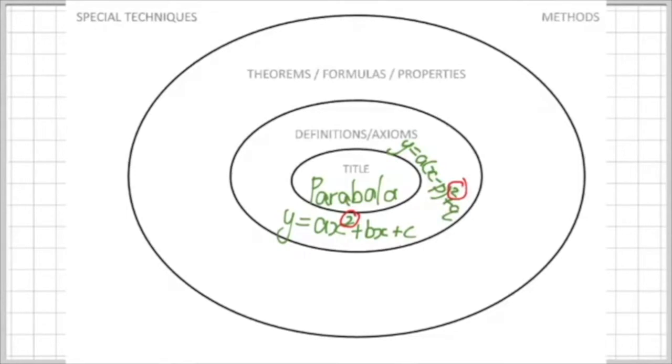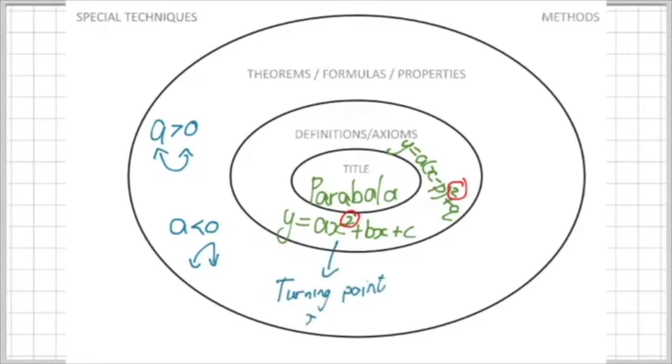Now, what theorems and formulas and properties do I have? Well, first of all, if a is positive, it's smiling, and if a is negative, it's frowning. Next up, I can get the turning point from the normal turning point formula, x equal to negative b over 2a.